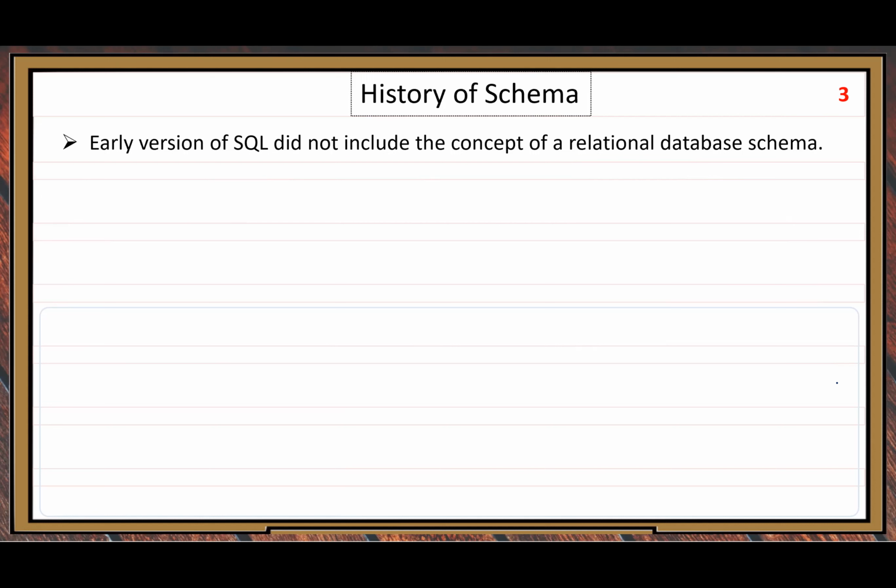At that time, there was no database schema concept. In early versions of SQL, all table relations were considered part of the same schema, because the whole collection was treated as one schema, not separated, everything at that time.